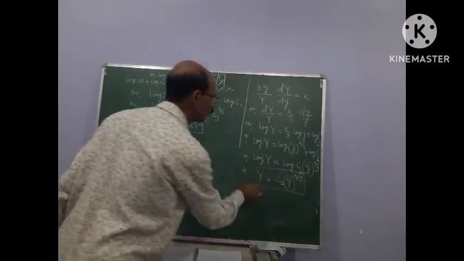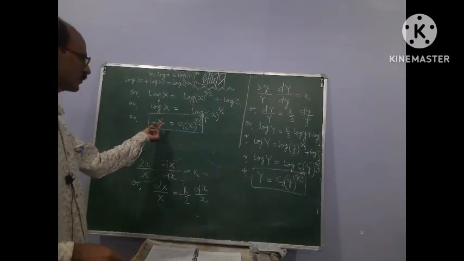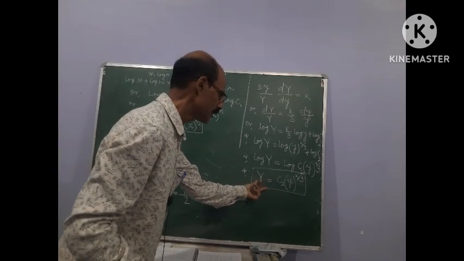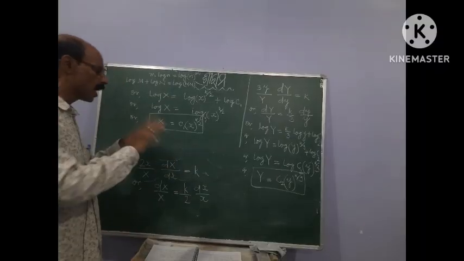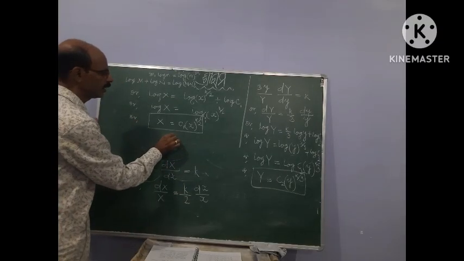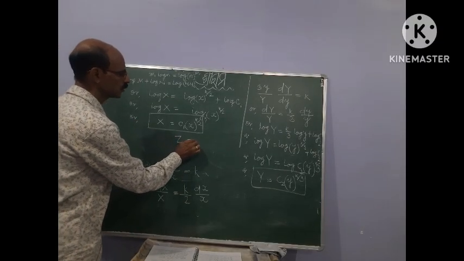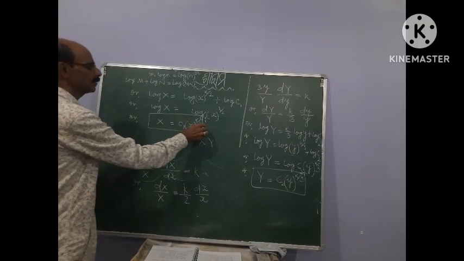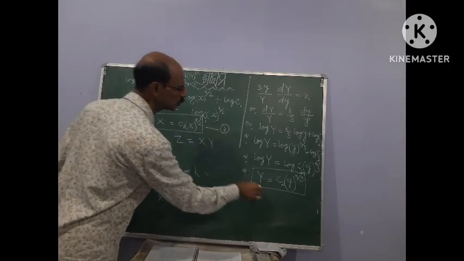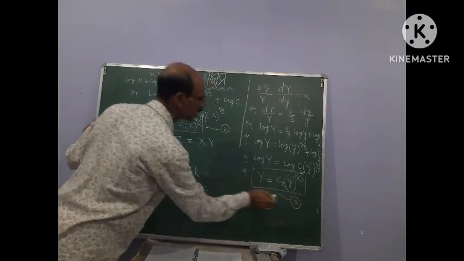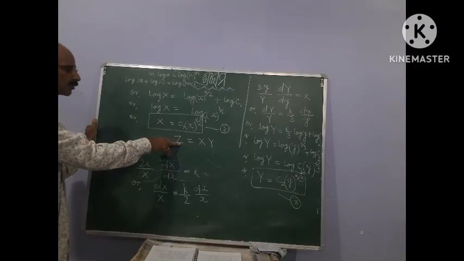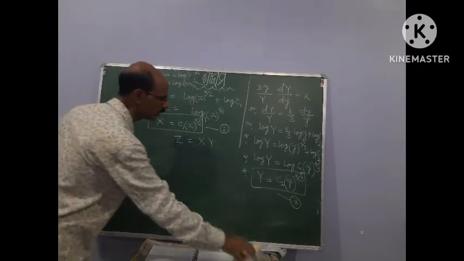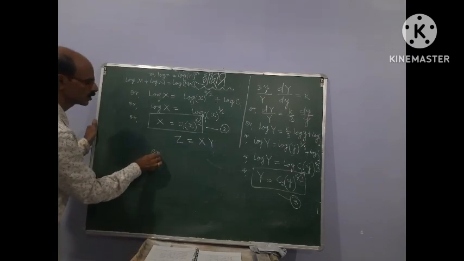So now we obtained capital X in terms of small x and capital Y in terms of small y. Now you put it in equation 1, Z is equal to XY. So suppose this is equation 2 and this is equation 3. Now put 2 and 3 in equation 1 and that will be the final solution of the partial differential equation.